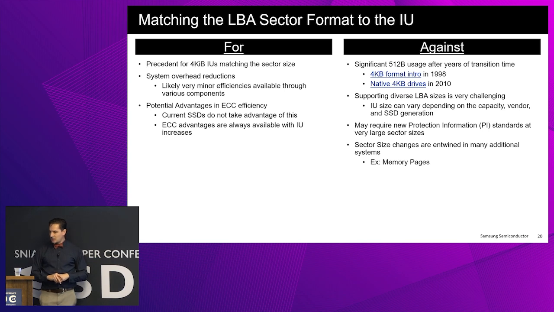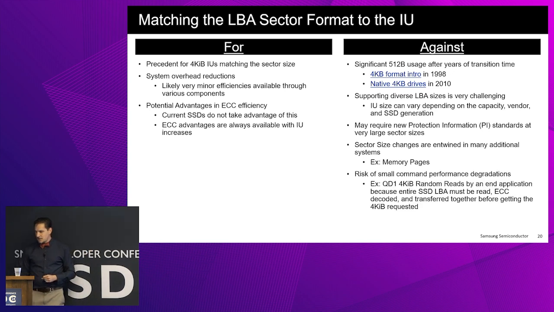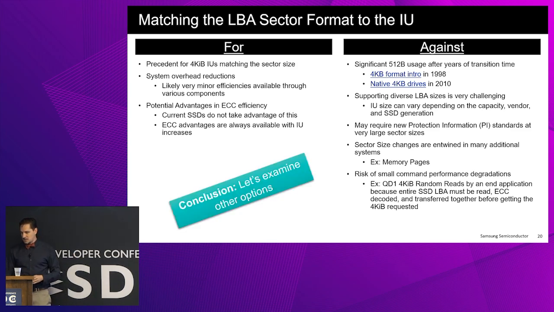And so we don't want to be ready for all of those sector changes and all of the knots that will be discovered there. And then the reality is we have a lot of software today that's focused on 512 bytes or 4 kilobyte interactions, and so they have a risk of performance degradations depending on how you set up your ECC and things like that. It would be a potential risk.